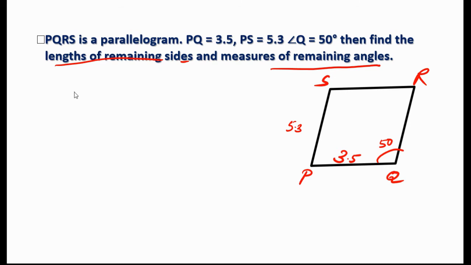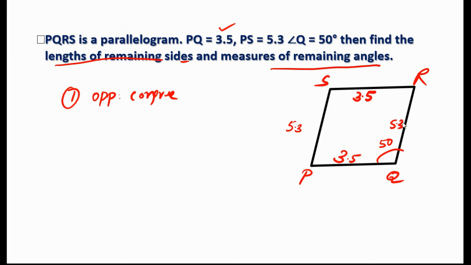I won't spend much time because you should follow this quickly. We will be applying the learned principles and properties of parallelogram. If I start with PQ, I can simply write this is equal to 3.5 because one property is that opposite sides are congruent. अगर ऐसा है तो ये भी 5.3.